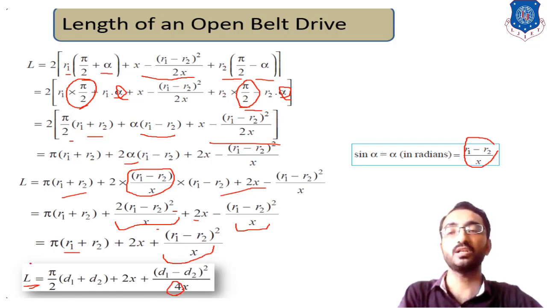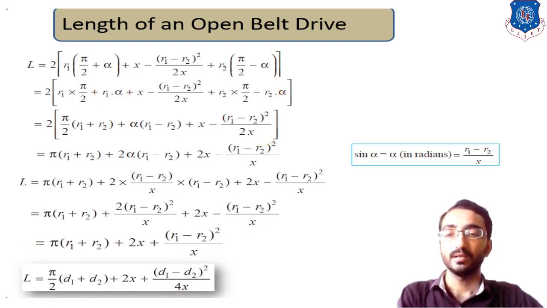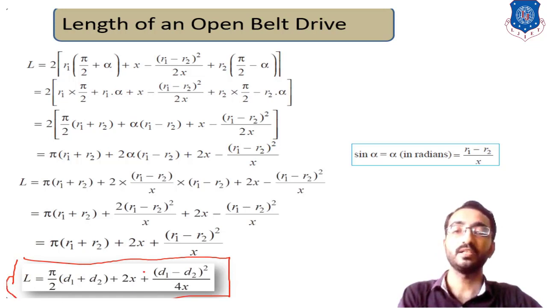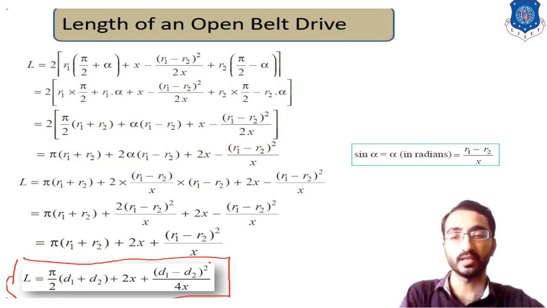So the final equation of length of open belt drive can be written as pi by 2 of (d1 plus d2) plus 2x plus (d1 minus d2) whole square upon 4x. Okay, this equation is very useful for calculation, and numericals based on this length of belt drive are sometimes asked in GTU examination.